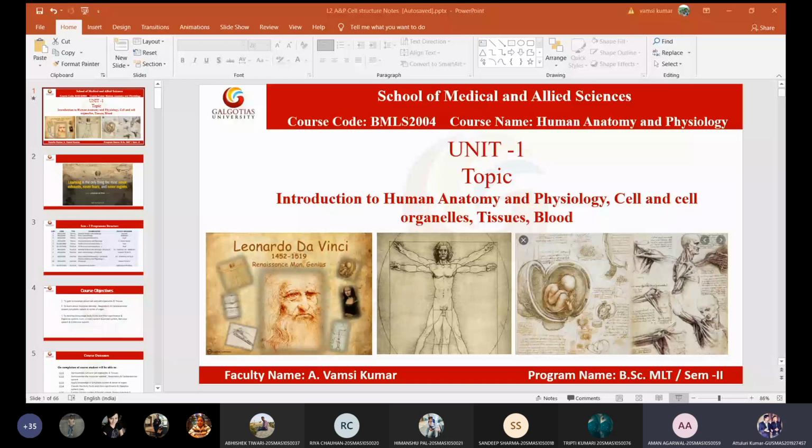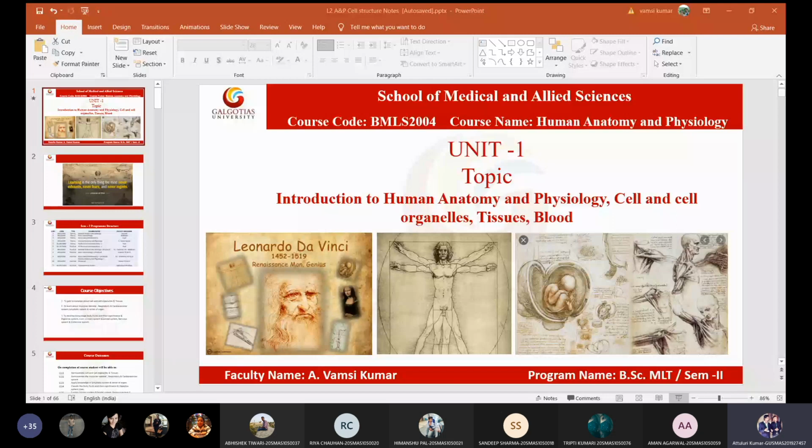Very good. Even the esophagus has the smooth muscle. So I can say the entire digestive tract has smooth muscles. So this is all about the muscular tissue. We have three types of muscular tissue: skeletal muscular tissue, cardiac muscular tissue, and smooth muscular tissue. I hope you got some clarity about smooth muscular tissue also.